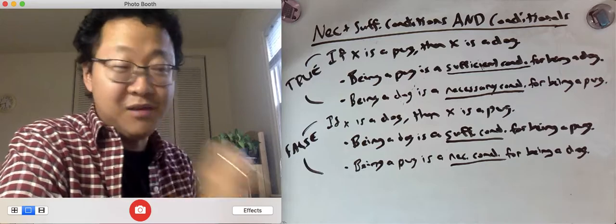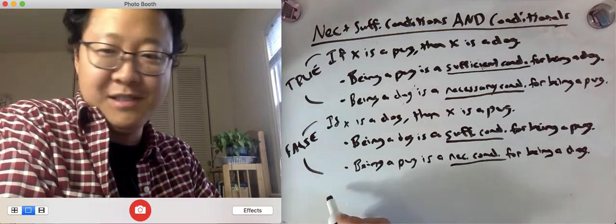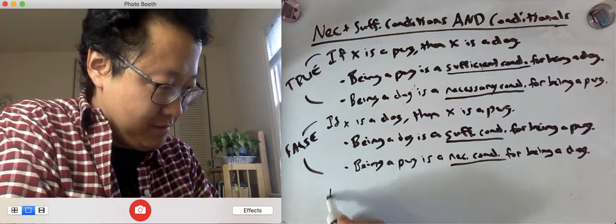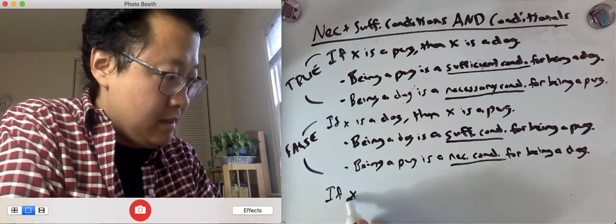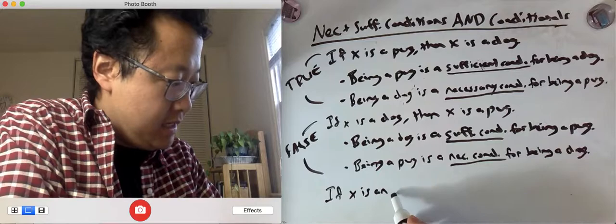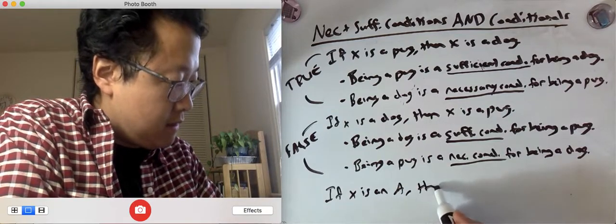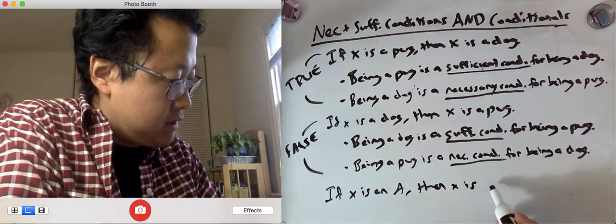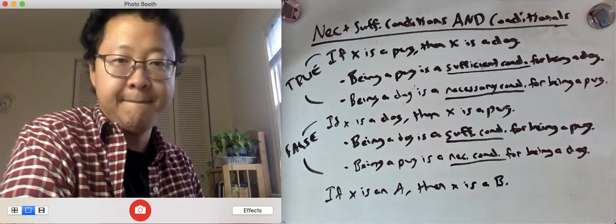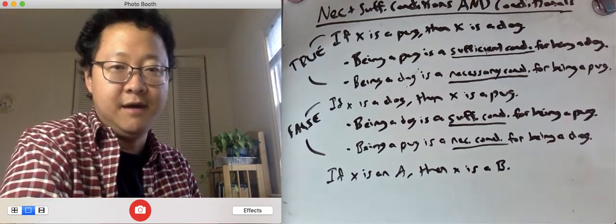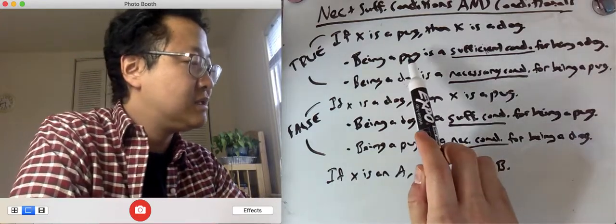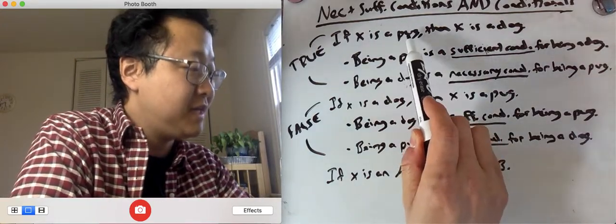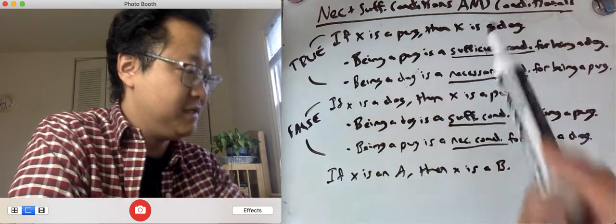Now, let's look at the formula. This is kind of the most important part. If X is an A, then X is a B. Now, how do we state this in sufficient conditions? Well, with sufficient conditions, you're always saying the left side is sufficient for the right side of a conditional.